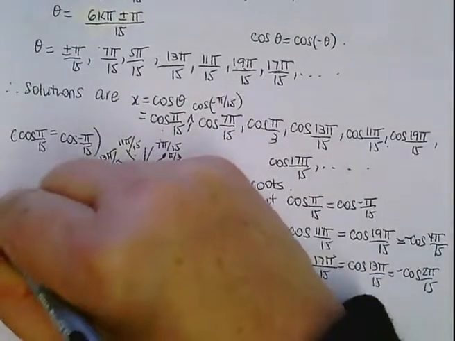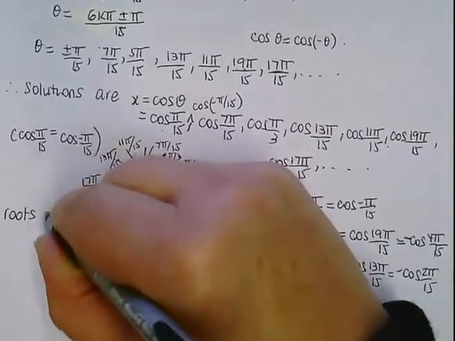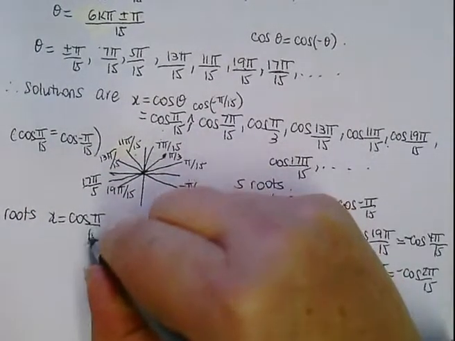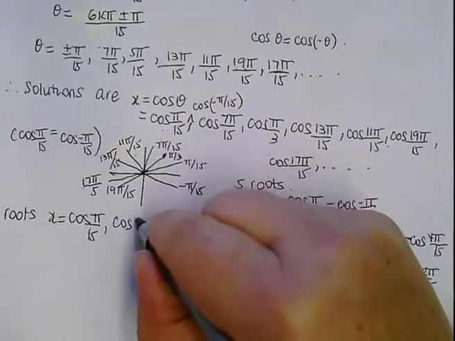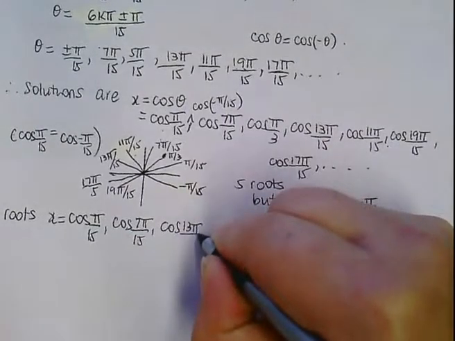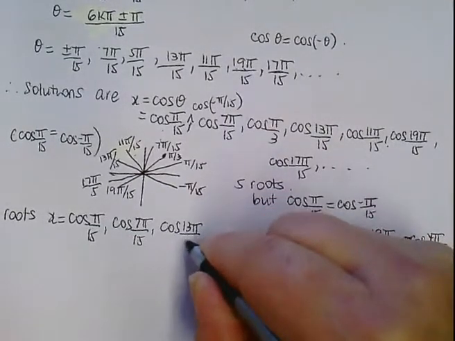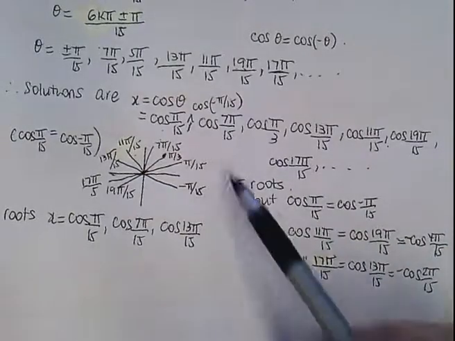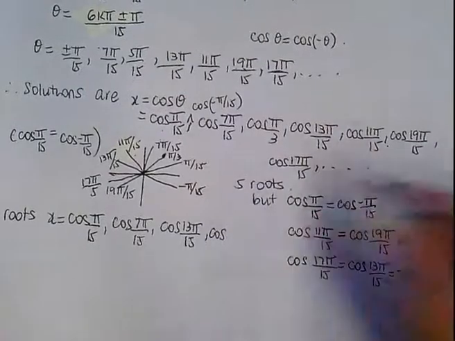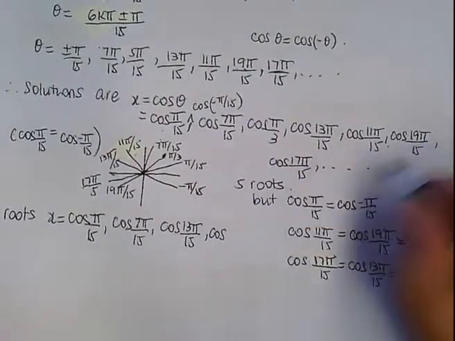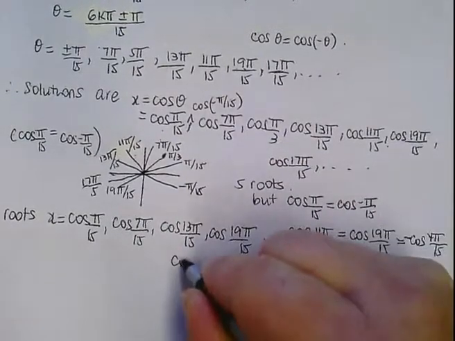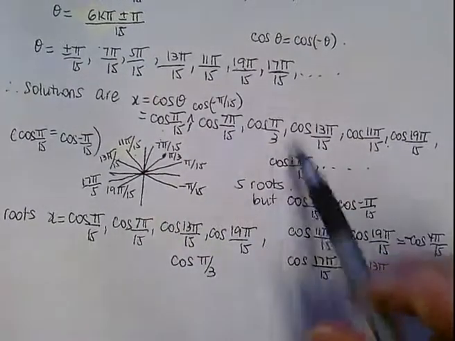So therefore, the 5 roots that we want are x equals cos pi on 15, cos of 7 pi on 15, cos of 13 pi on 15, cos of 19 pi on 15, and I also forgot the cos of pi on 3, that one there.